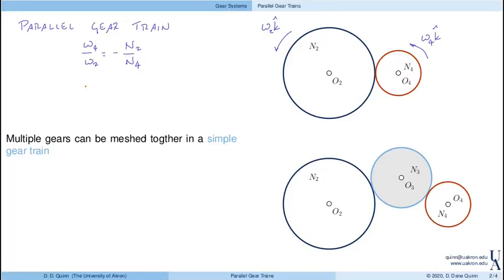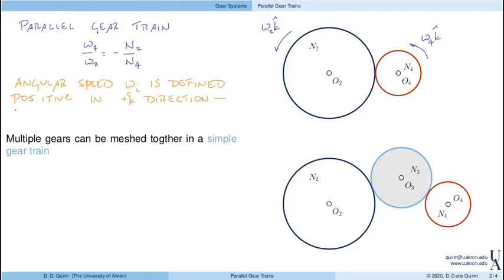I'll point out again that angular speeds, and these are the omegas, so omega 1 or omega 2 is defined positive in the plus k direction, so counterclockwise.